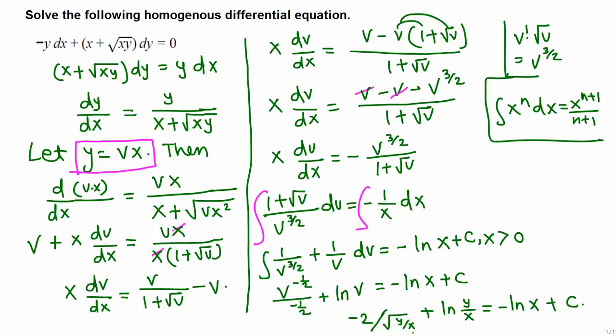You can simplify one more step, just take square root of x on the top. So negative 2 times square root of x over square root of y plus natural log of y over x equals negative natural log of x plus c. Okay, this is final.